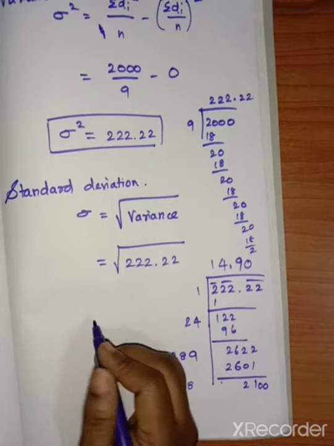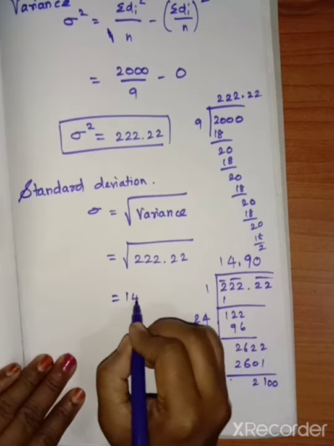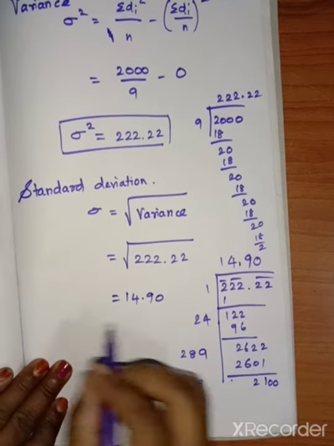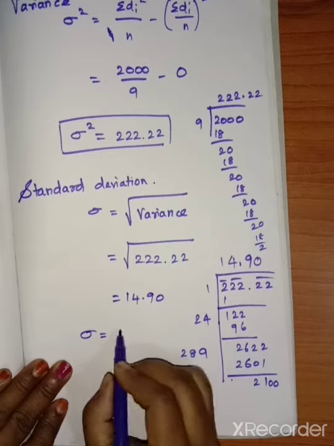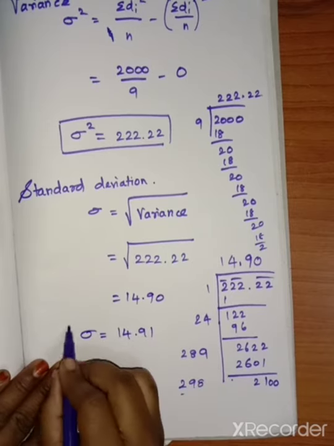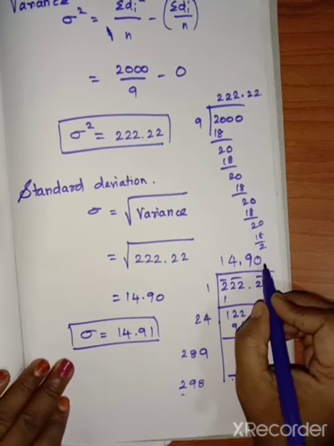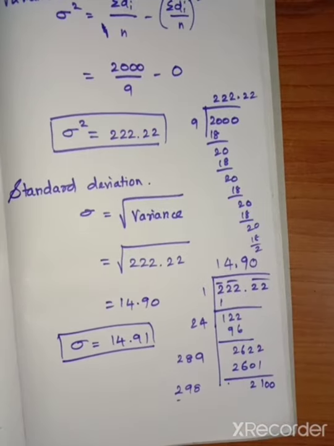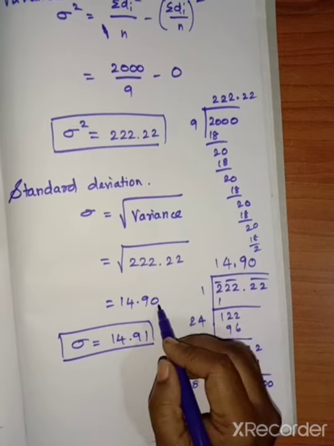This is also correct. So here the value is 14.90, but in the book the answer given is 14.91, because after the next value, maybe after 5, we can add 1. So it is also correct. If you write 14.90 it is correct, and if you write 14.91 it is also correct.